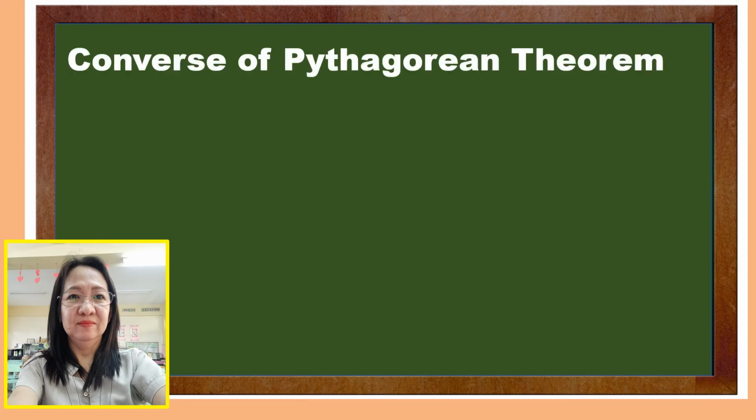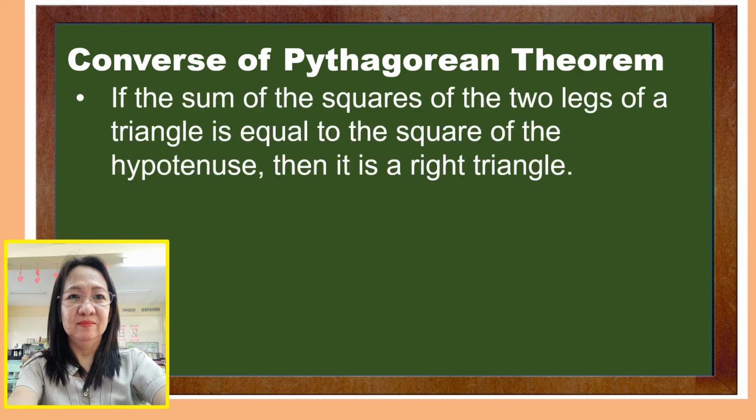Now to continue, and in addition to the Pythagorean Theorem, its converse states that if the sum of the squares of the two legs of a triangle is equal to the square of the hypotenuse, then it is a right triangle.